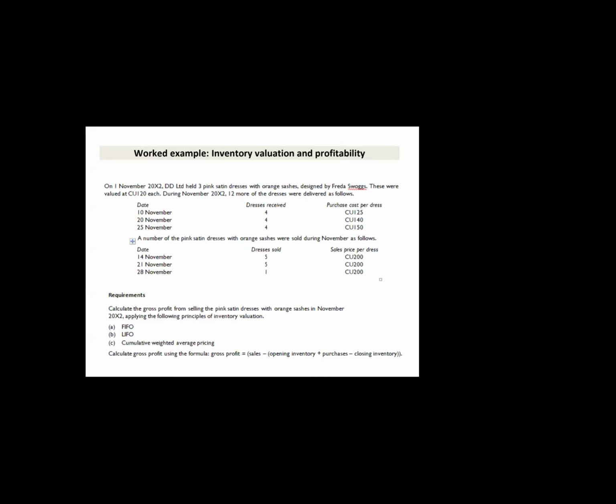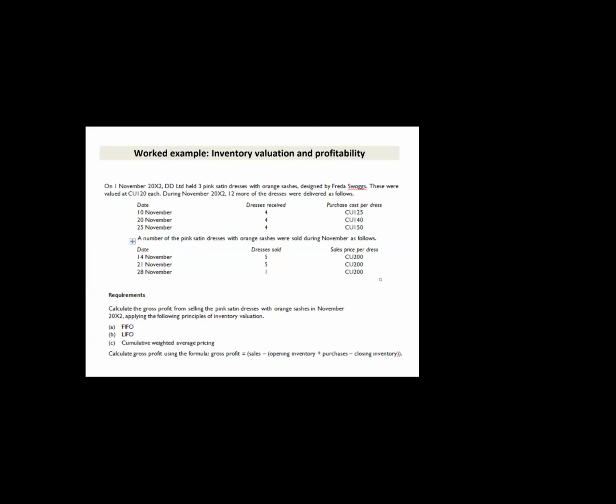So we have inventory 3 of pink satin dress at the rate of 120. And we received on 10 November 4 dresses at the rate of 125. So on 14 November we sold 5 dresses. Under FIFO method, at the rate of what?